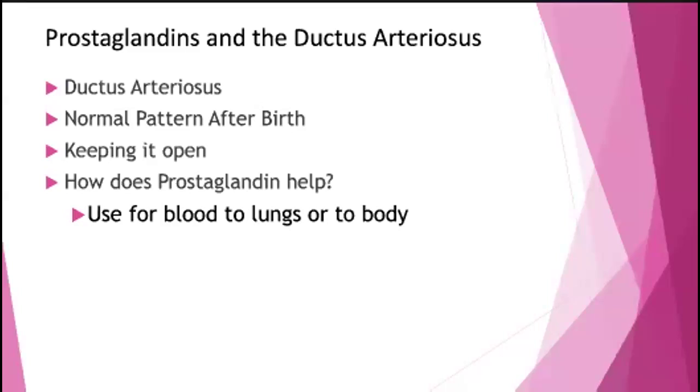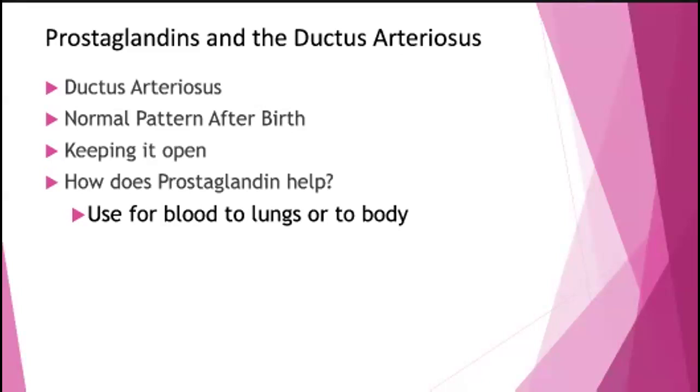doing their work. Why we want to keep it open is in some heart defects, like a critical aortic stenosis or coarctation, or when we get into our cyanotic ones, there's a lot of them where the blood is not able to circulate in the heart or get out to the body.